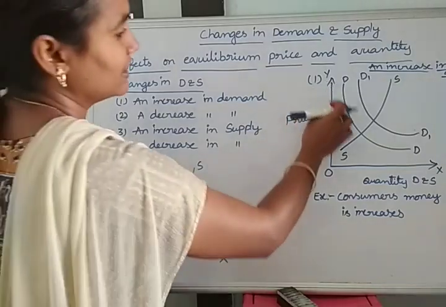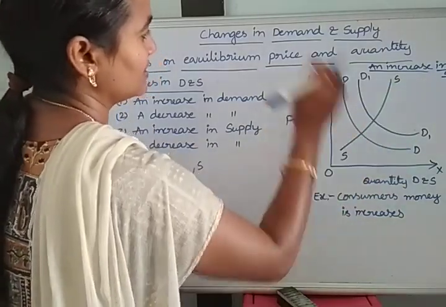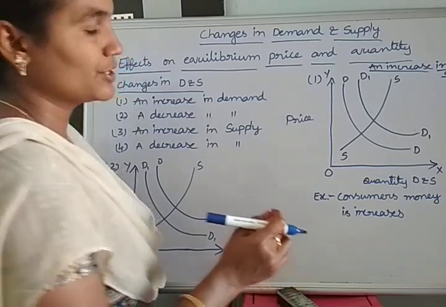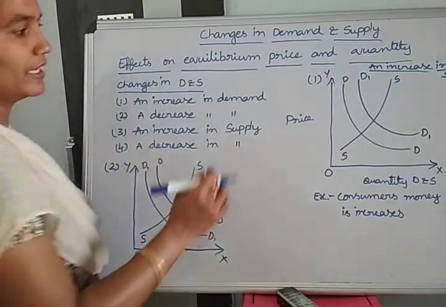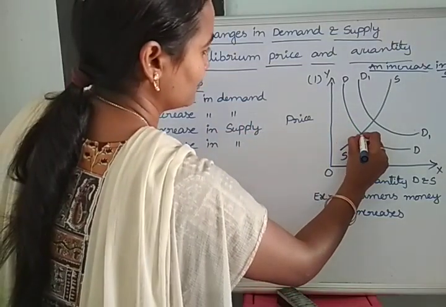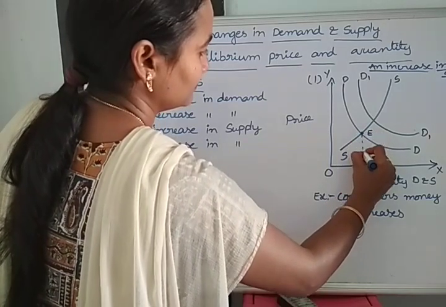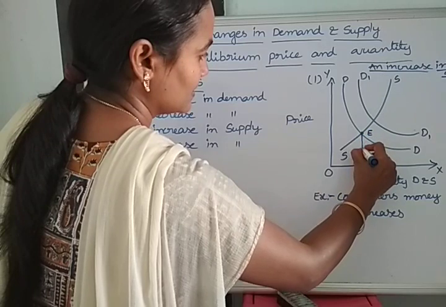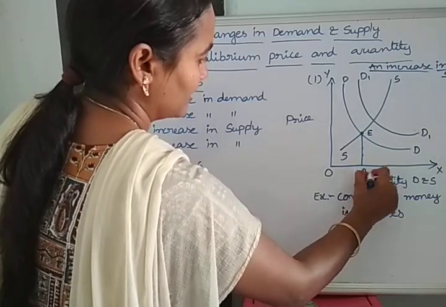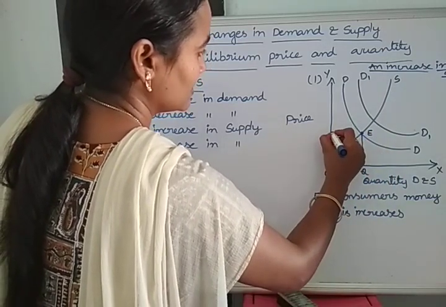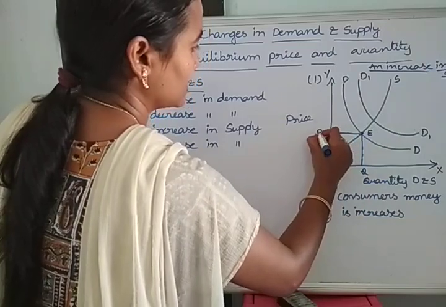Where these two intersect, we call it the equilibrium point, with the equilibrium quantity and the equilibrium price.